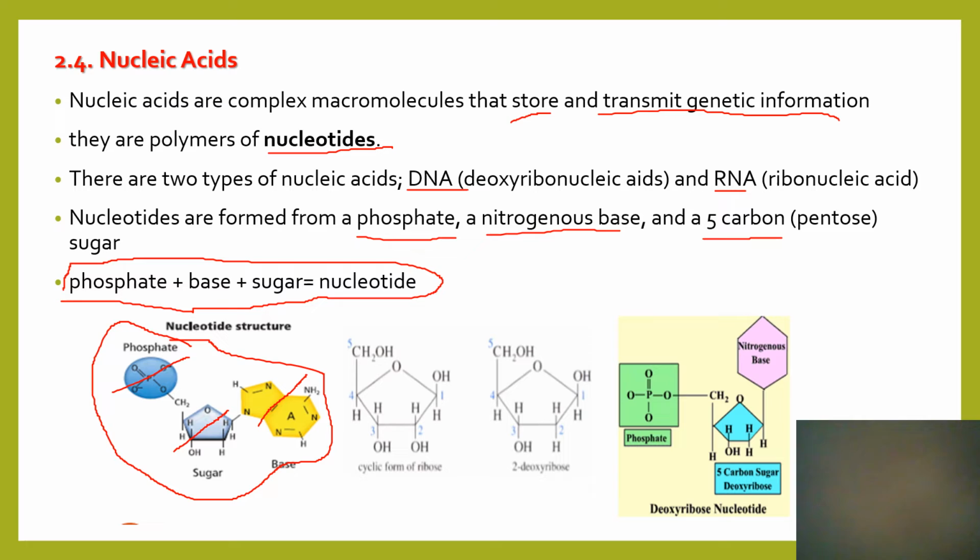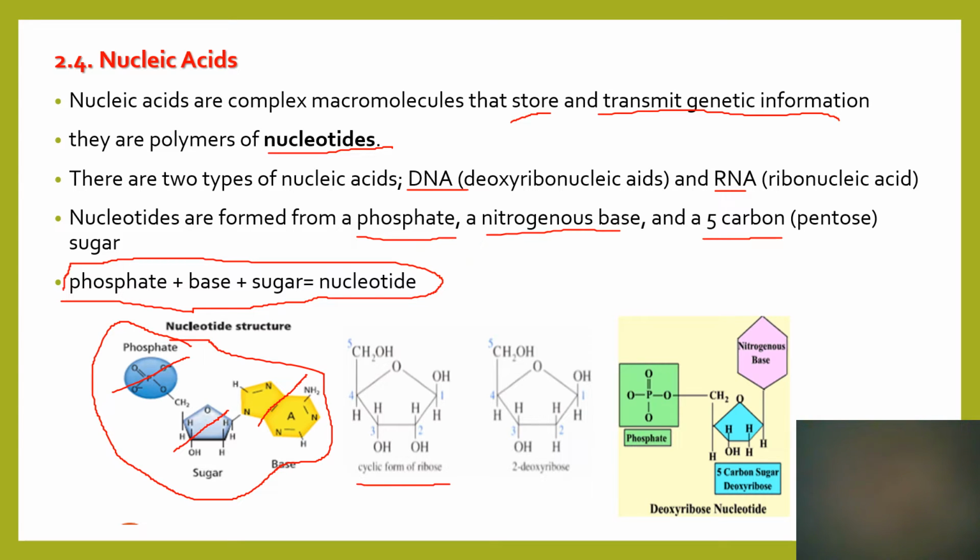Then after, once nucleotides are formed, they are joined together to make nucleic acids. Anyways, nucleotides are made up of these three different components.